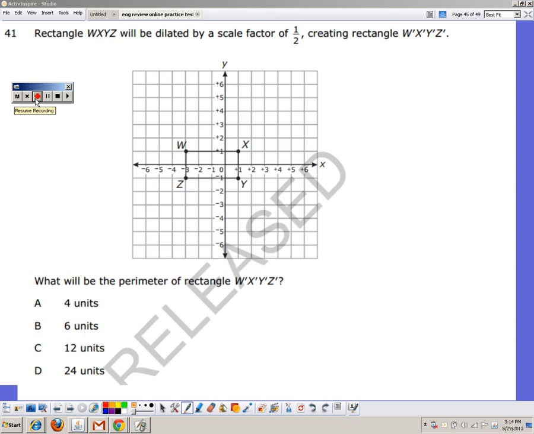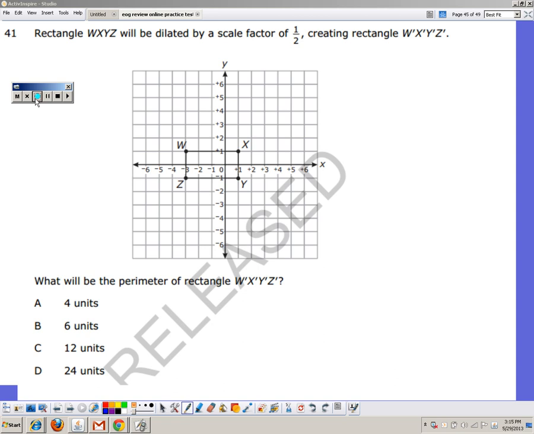Here we have a rectangle and it's going to be dilated by a scale factor of 1/2. That means the distance between all the points is going to be cut by 1/2. Okay? Since this is a rectangle and all the lines are either horizontal or vertical, all I have to do is count my units between each point, find the perimeter, and then shrink it down by 1/2.